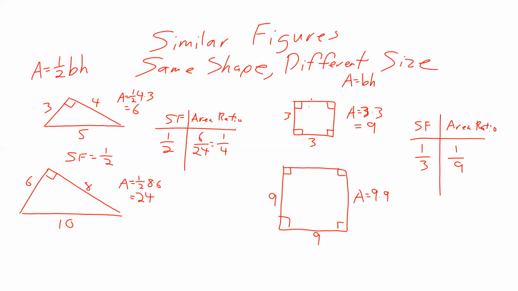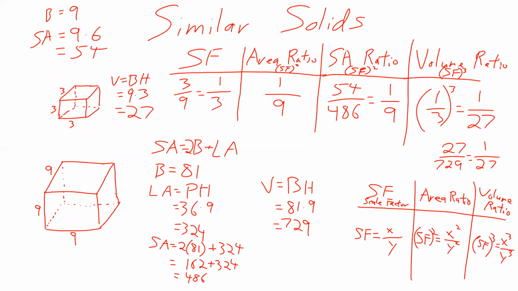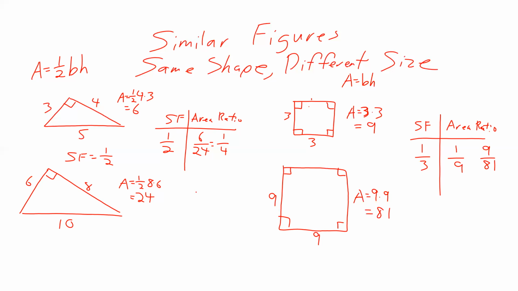And 9 times 9 is? So I have two numbers to compare. I have 9 and 81. Does that equal 1/9? Whoa. Does that, hold on. Does that equal 1/9? Yes, it does. Sorry.